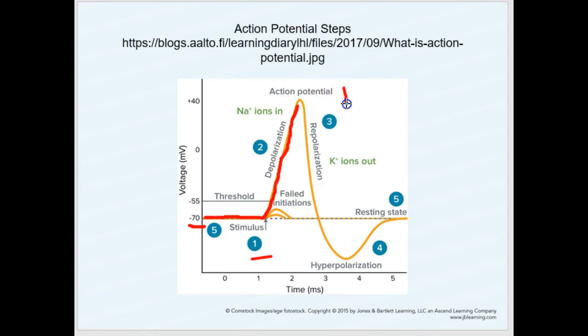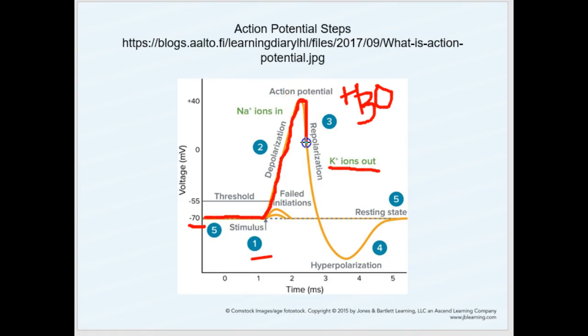It peaks at +30. Okay, don't worry about the why because that's a whole different conversation. Okay, so +30. Sodium channels close. Potassium channels open. Now potassium ions leave. They're positive, so the cell is going to become more negative.